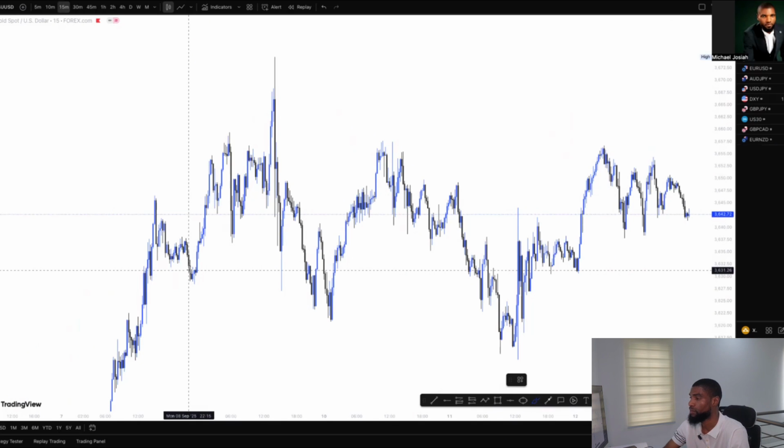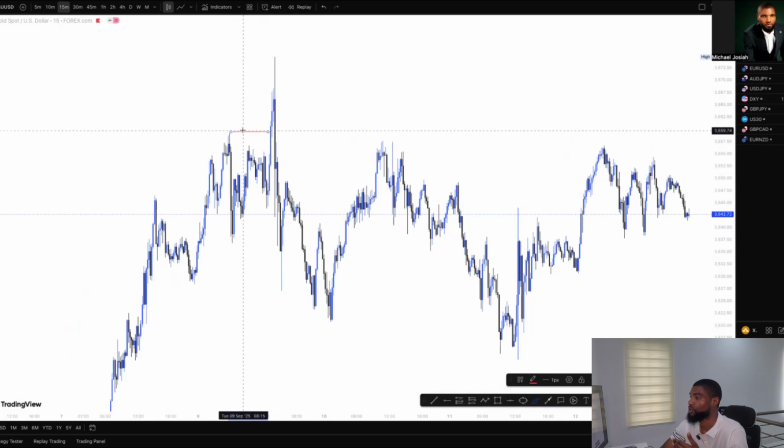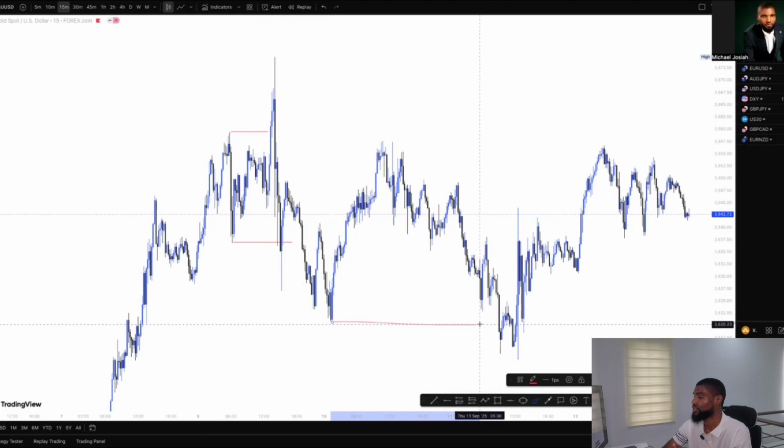And in these 3 parts of market structure, you will get to understand fake breakouts and also a valid breakout. You also get to understand fake break of structure and also what a valid break of structure. You also get to understand where you should be paying attention to if market is bullish, and where you should also be paying attention to if market is bearish.